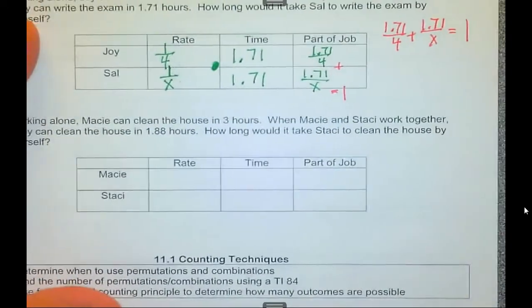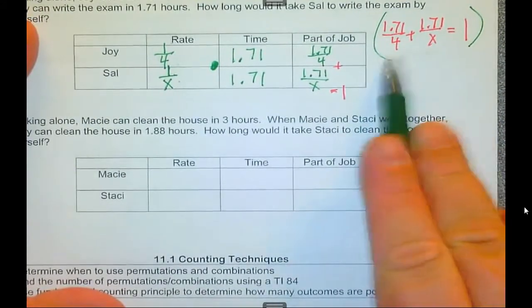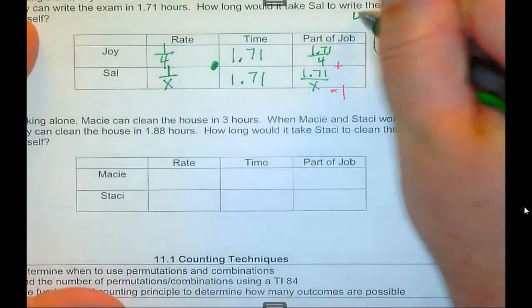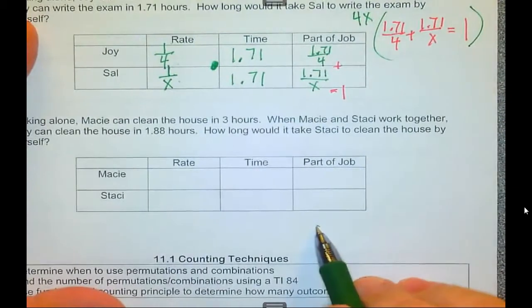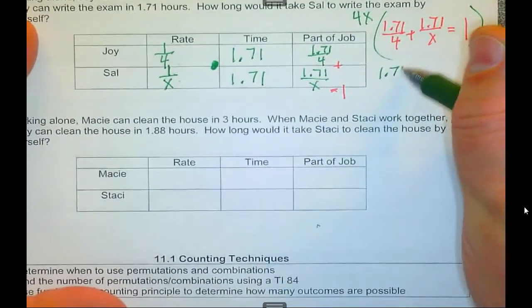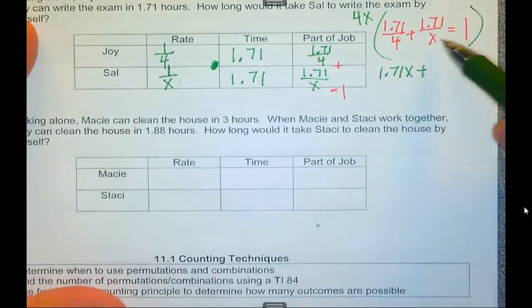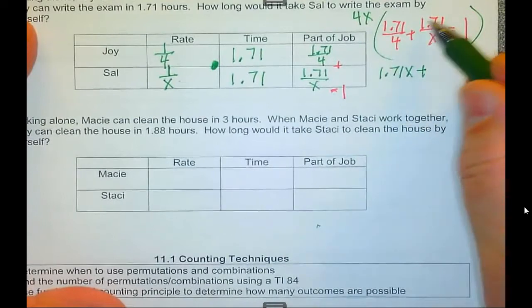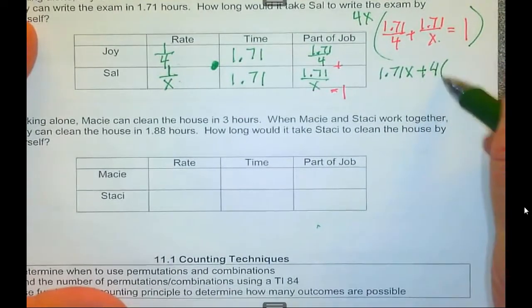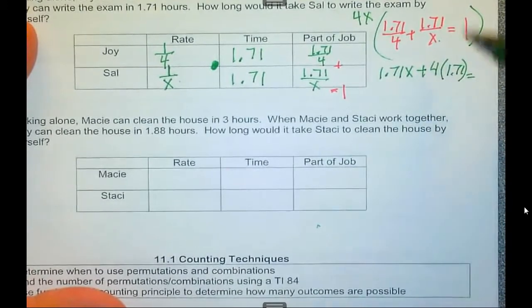What's my common denominator? 4 times x. 4x. 4's cancel. I get 1.71 times x plus, this time my x cancels, so I get 4 times 1.71. Please don't forget to multiply the 1 by 4x.